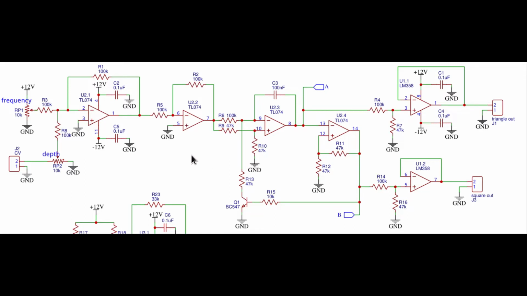The oscillator itself is made, as mentioned already, by U2.3 and U2.4. The oscillation frequency depends on the input voltage coming from U2.2 pin 7 and the capacity of C3. When such input voltage is applied to pin 9 through resistor R6 and to pin 10 through the voltage divider made of R9 and R10, capacitor C3 starts charging, and the higher is the control voltage, the faster C3 charges.